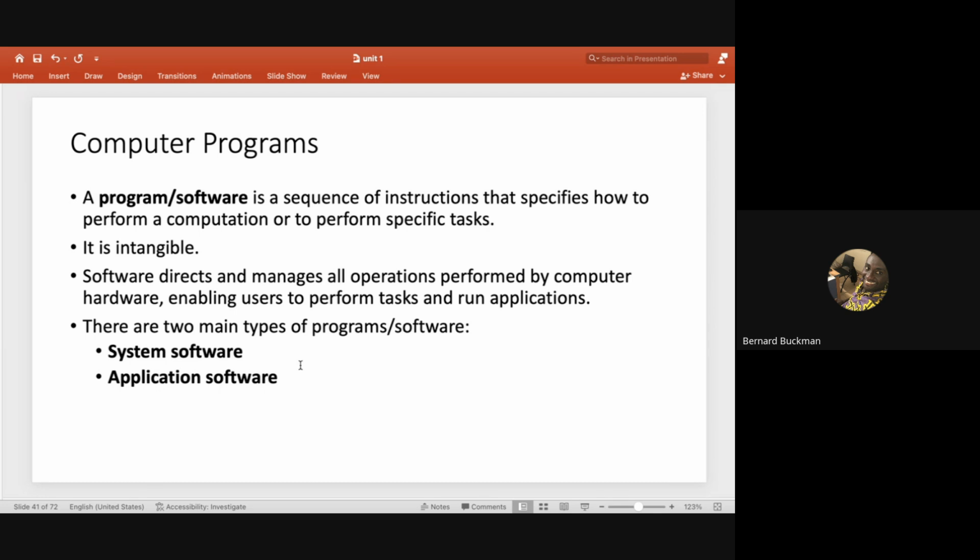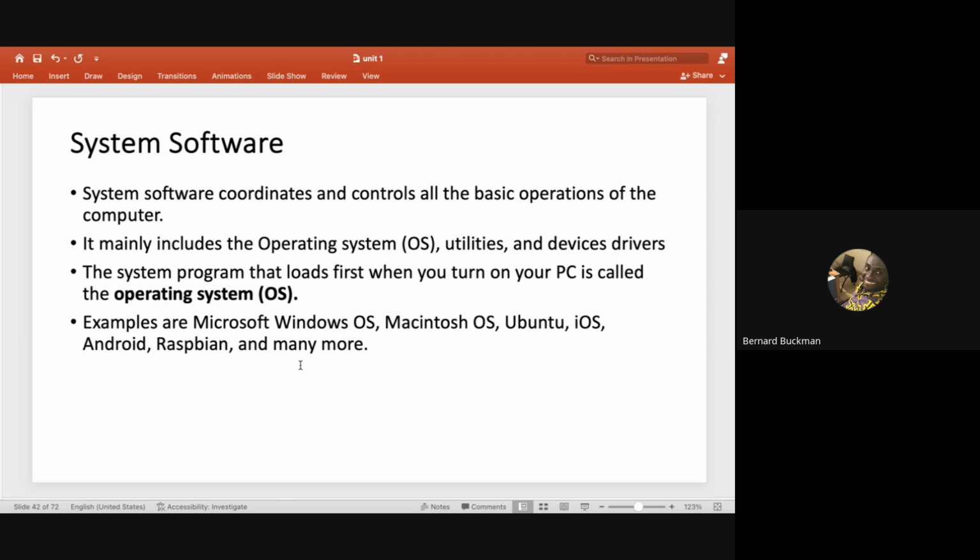Now, there are two main classes of computer software. Okay, we have the system software, and then we have the application software. System software is the software which controls and manages the operations of the computer. Examples include utility programs, the device drivers, the operating system, and so many of them, right?